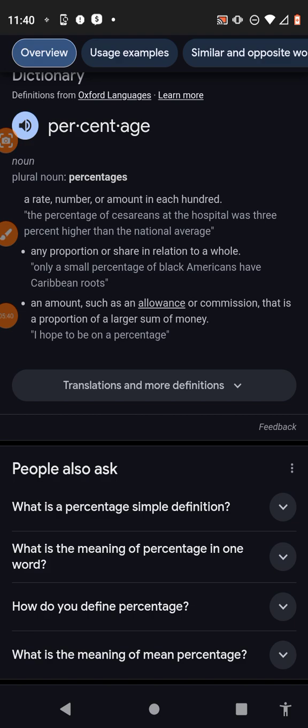Any portion or share in relation to a whole. An amount such as an allowance or commission that is a proportion of a larger sum of money. Okay?